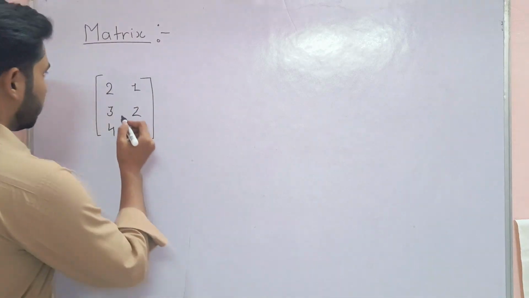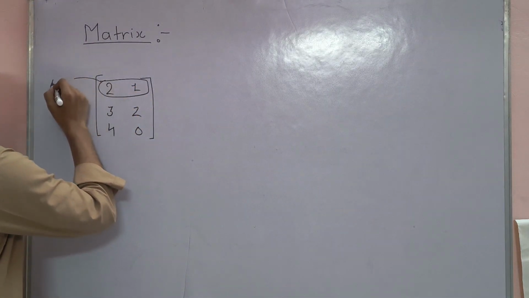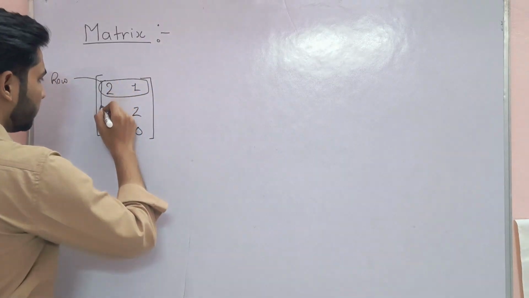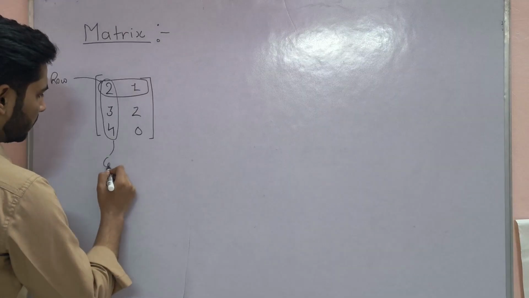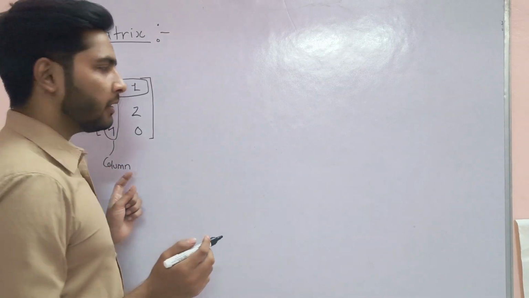So the main thing in this chapter is row and column. So what is a row? The horizontal arrangement of numbers, we call them a row, and the vertical arrangement of numbers, we call them a column. So how many rows are there in the matrix?